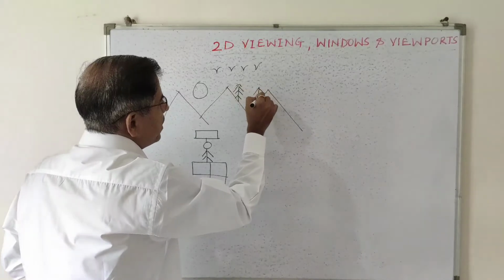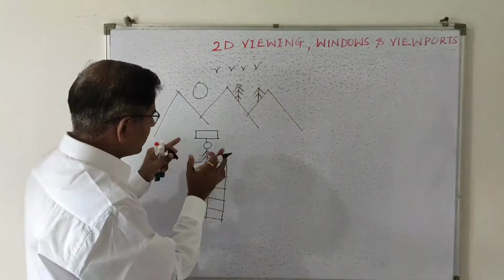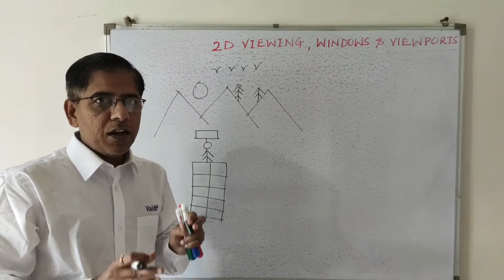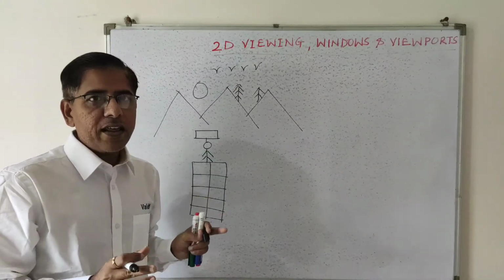So this is the scenery in front of you, and you are trying to capture this scene in your mobile camera. Now there are two rectangles.